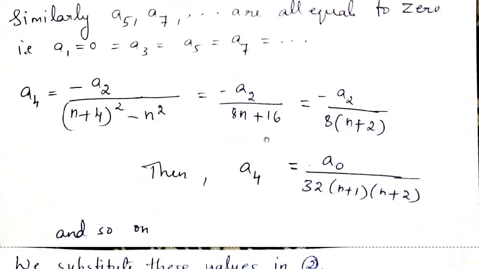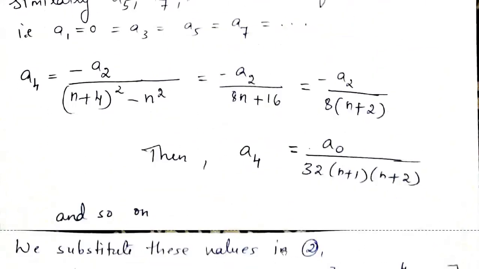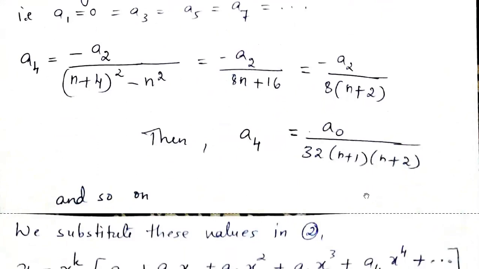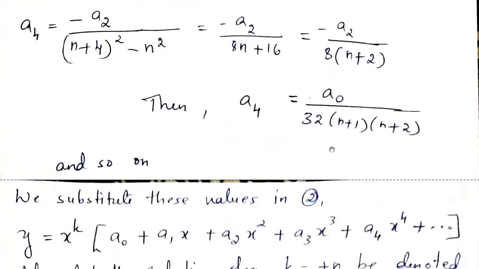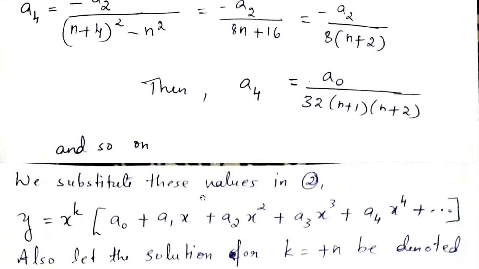So you can see that the values of a2, a4, and the next term, if we calculate a6, will all be in terms of a naught. So we have made two observations so far: because of a1, all the odd terms will be equal to 0, and the remaining values, that is a2, a4, a6, will be in terms of a naught.